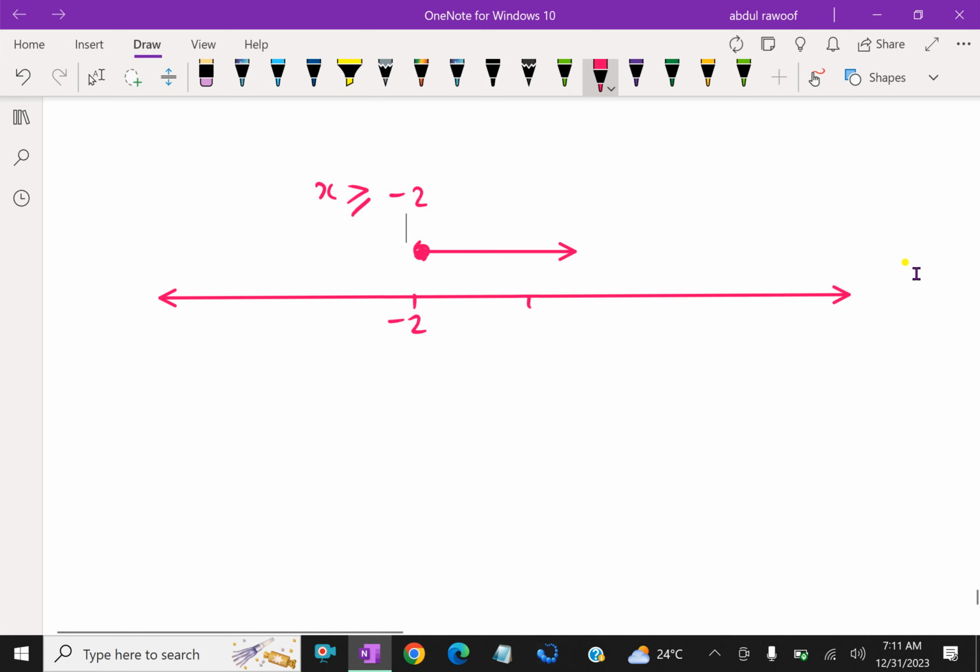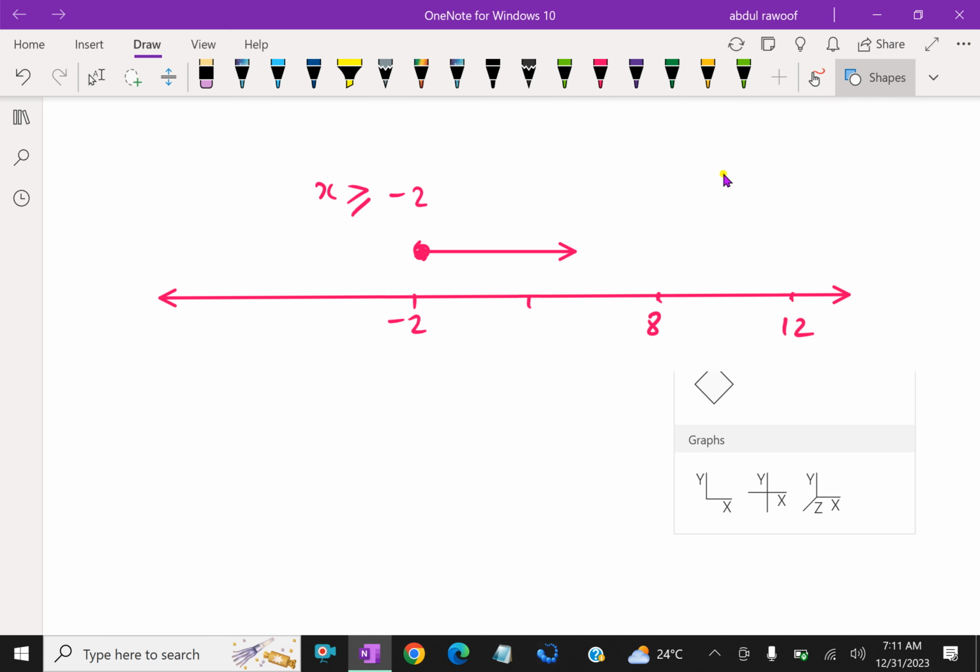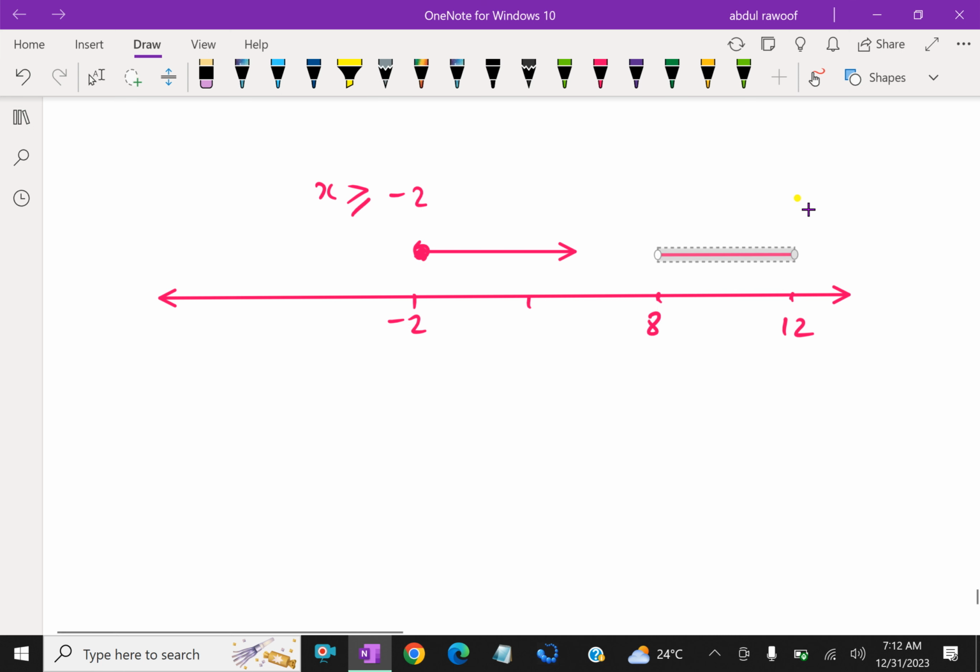Here, in the same graph, look here, this is 8, this is 12.